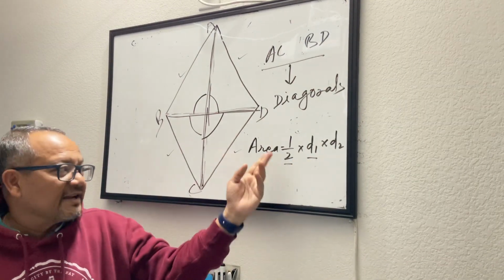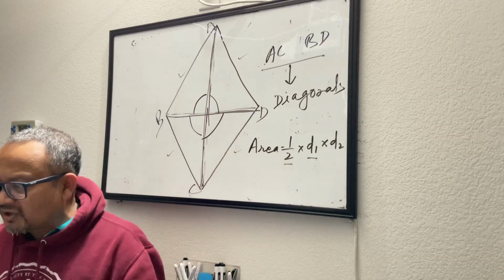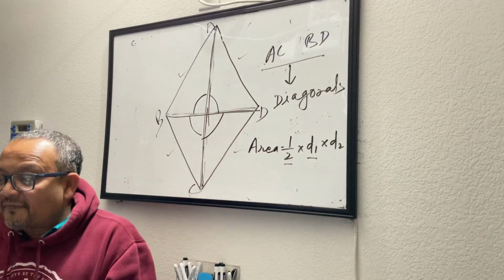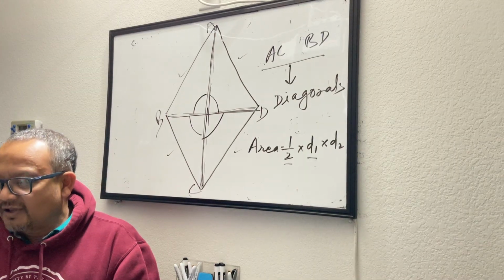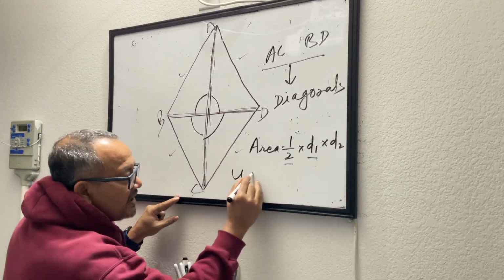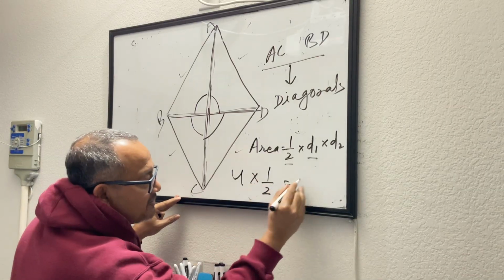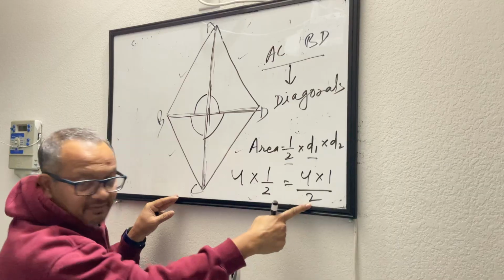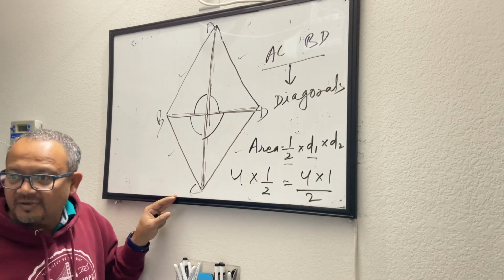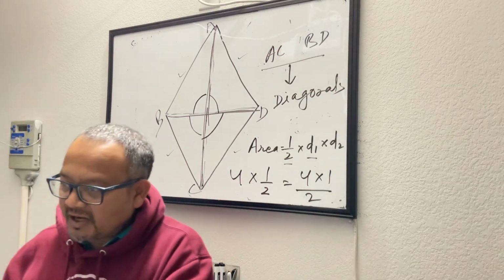Or multiply diagonal 1, diagonal 2 and then divide by 2. Both are same. Multiplying by half is as good as dividing by 2. If I say 4 into 1 by 2, it is as good as dividing by 2. Yeah? Anybody has question here?